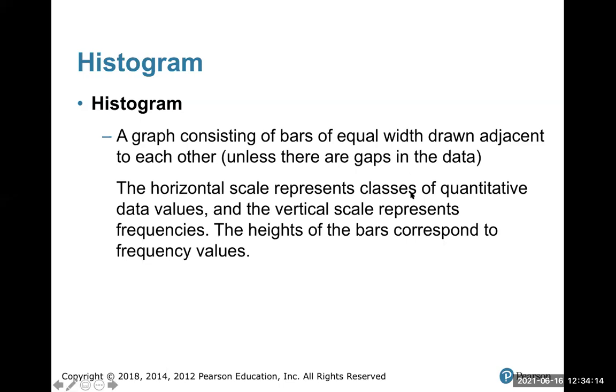Horizontal scales represent classes, class boundaries for us, but you're going to see a video where it could be just the numbers. The heights of the bars correspond to the frequency values. So when the frequency was 11, we went up to 11. When it was 24, 24. The vertical axis is based on the frequency.